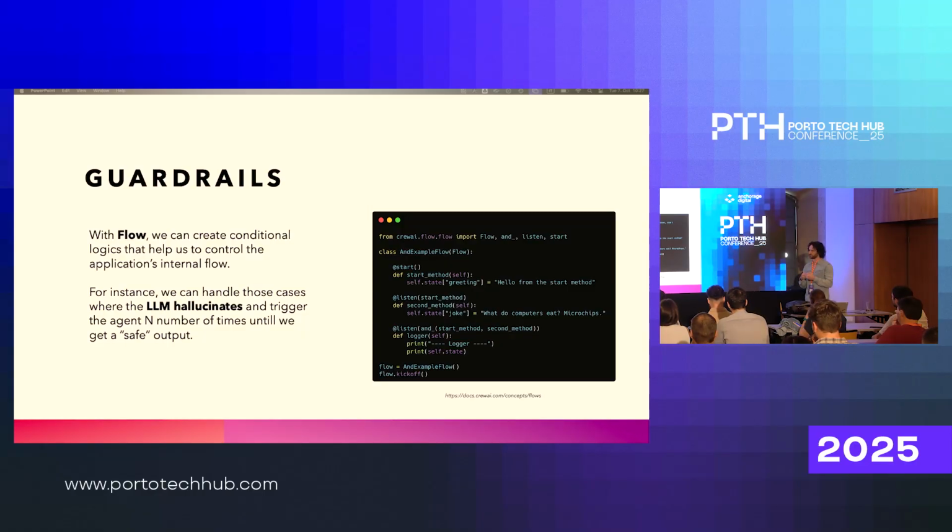When there is a new RSS input coming to my pipeline that I use for posting on LinkedIn, I want to be sure that my post doesn't contain violence, or that the LLM is not hallucinating, because I'm writing a post on LinkedIn automatically. What I do with Flow is go back to the output of the crew and say, hey, does it contain violence? Does it make sense as a LinkedIn post? Yes. Okay, continue.